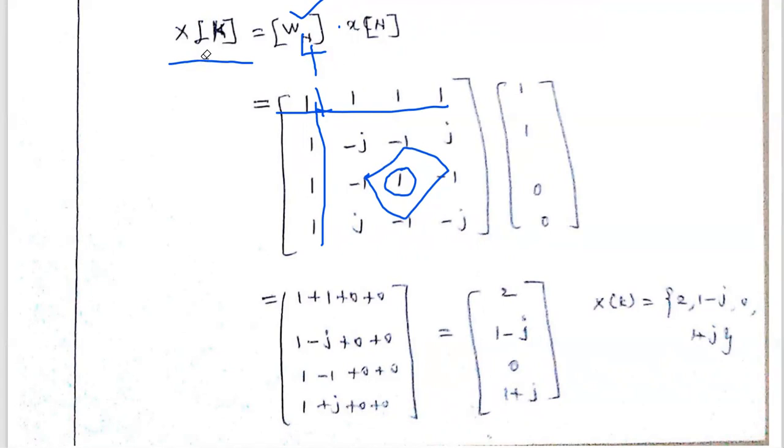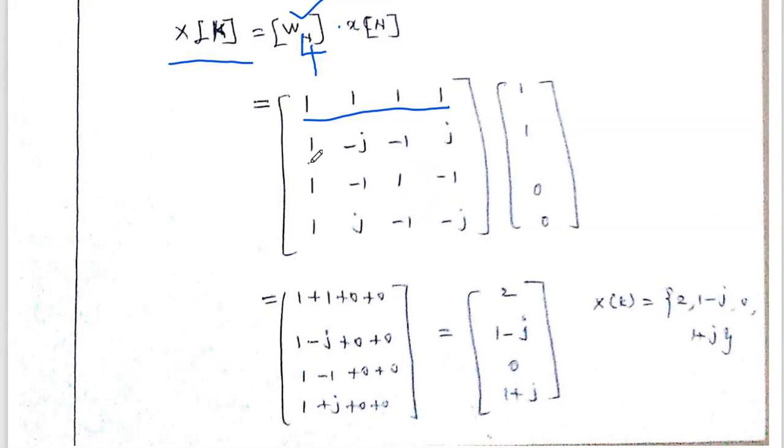How to multiply this? The first row, 1, 1, 1, 1, is multiplied with the column element by element. So 1 into 1, 1, plus 1 into 1, 1, plus 1 into 0, 0, then 1 into 0, 0. So 1 plus 1 plus 0 plus 0.